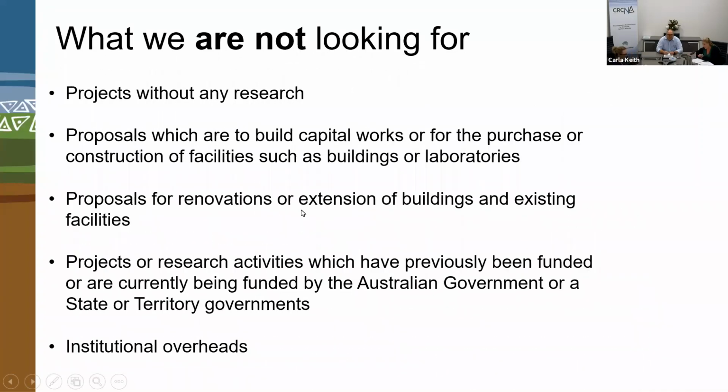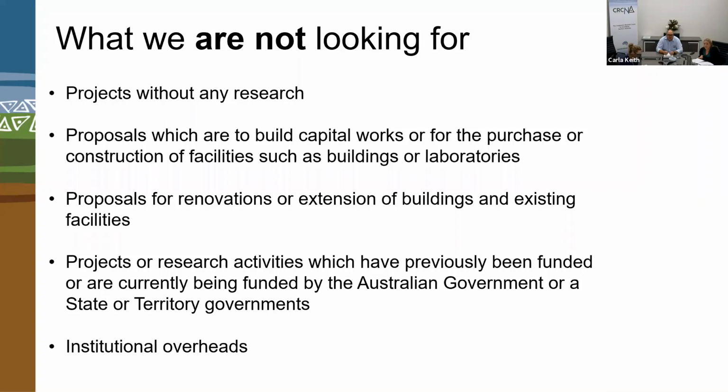What we're not looking for: projects without any sort of research or research questions that are looking to be answered. Proposals that are built on capital works or for the purchase or construction of facilities, such as buildings or labs. Proposals for renovations or extensions.